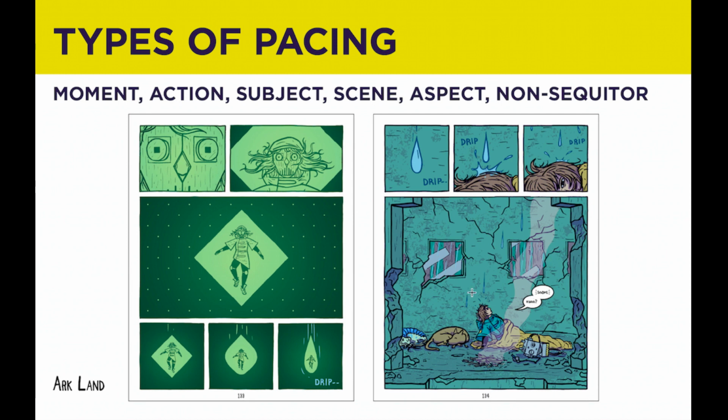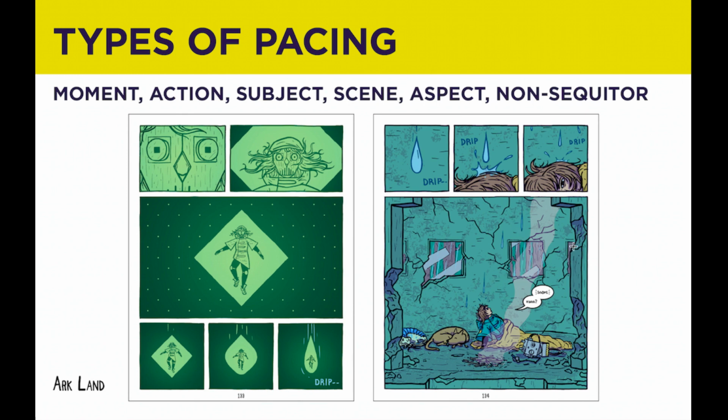I really like moment to moment pacing to slow down the pace of a book and really let the environments or characters or details be absorbed a little easier, and really trying to highlight the mood of a space and your story rather than just trying to efficiently relay the plot.